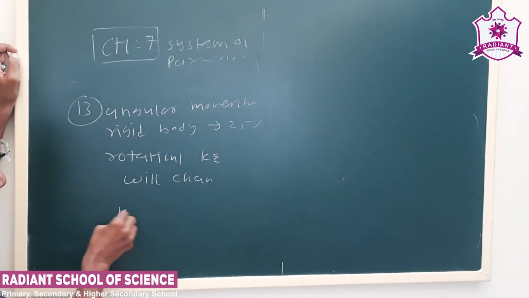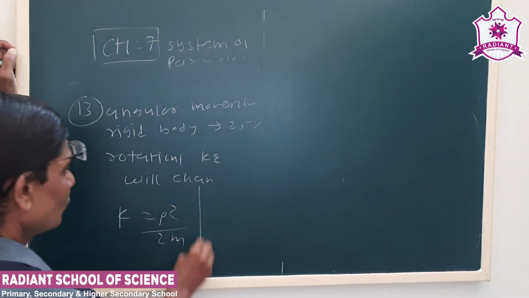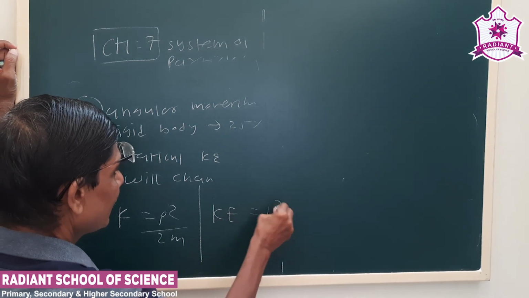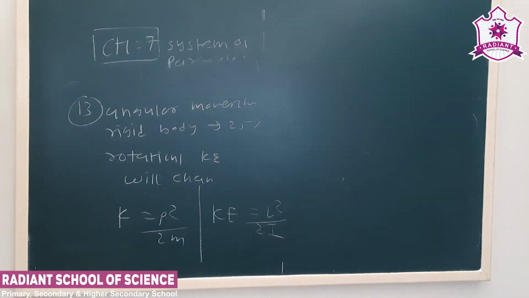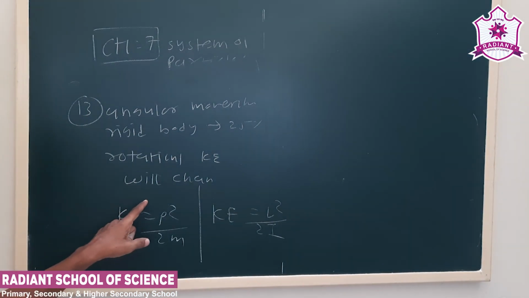In the 6th lesson we studied K is equal to p square upon 2m. Here rotational kinetic energy is L square upon 2I. Mass is analogous to moment of inertia and linear momentum is analogous to angular momentum.